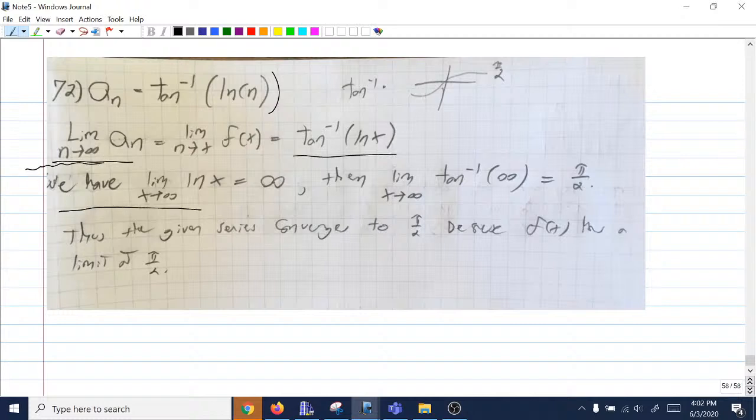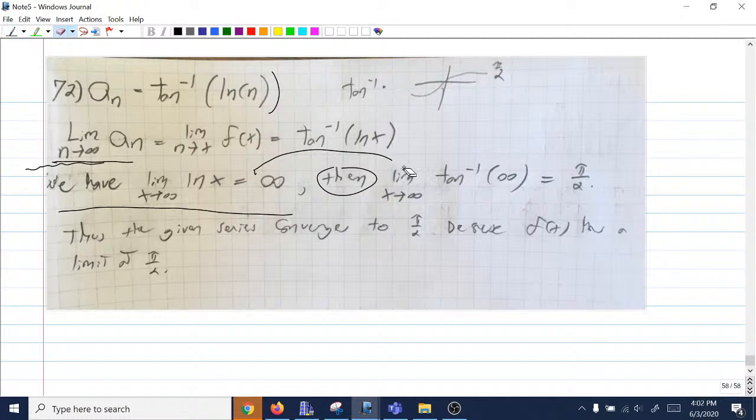We have that the limit at infinity of natural log x is infinity. Then the limit as x goes to infinity of tangent inverse infinity is pi over 2. I think the use of the word then here is not so hot. Then makes me think you're saying this, therefore this. The tangent inverse limit isn't because of the natural log limit.